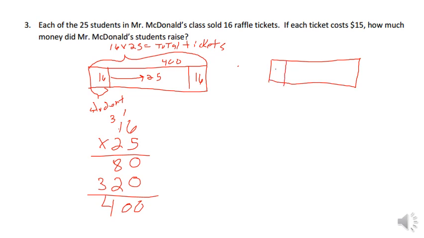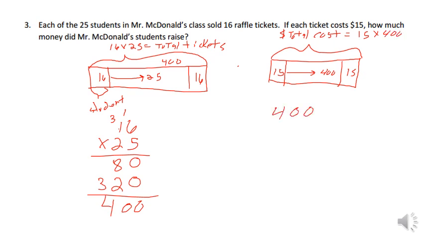Now, here I have each ticket is $15, and I have 400 tickets. So total cost is going to equal 15 times 400.